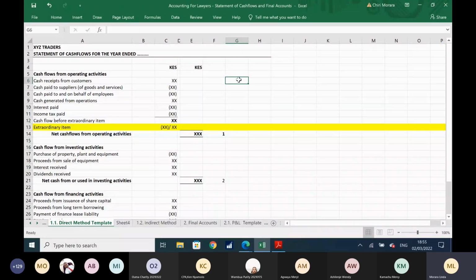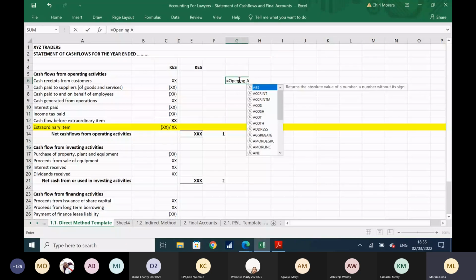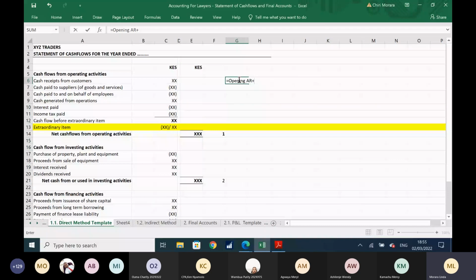So if you wanted to get your cash receipts from customers, you would do your opening. Allow me to use AR, that's accounts receivables. You would add the sales for that year, and then you would subtract the closing accounts receivable. Same for suppliers.